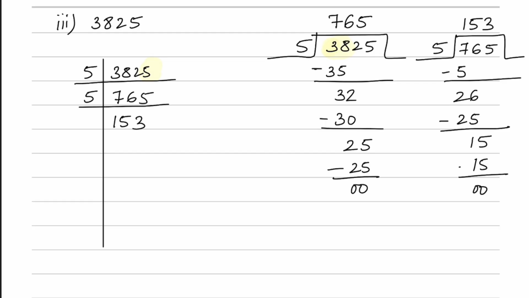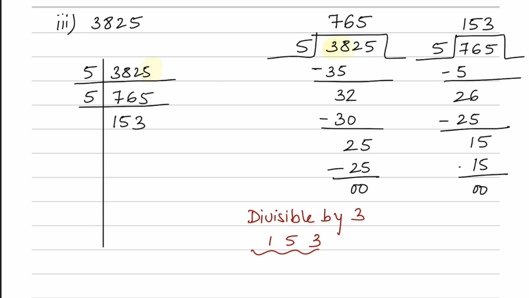Now if you see, this number is not ending with any even number. This is not ending with 5. This is not ending with 0. So we'll just quickly check whether this number is divisible by 3 or not. How to quickly tell whether any number is divisible by 3? We'll take the number 1, 5 and 3.